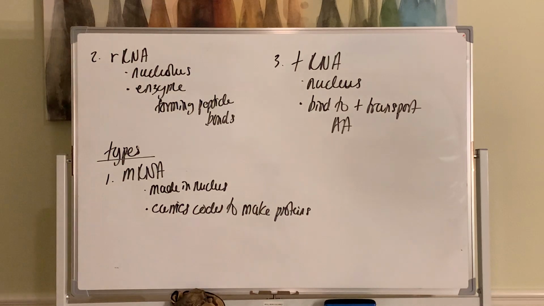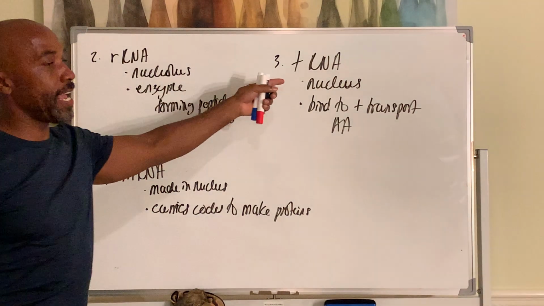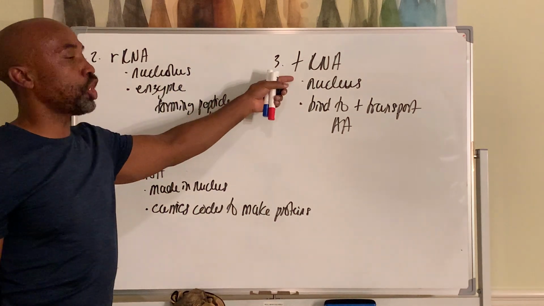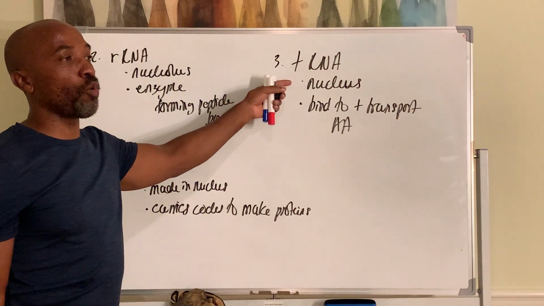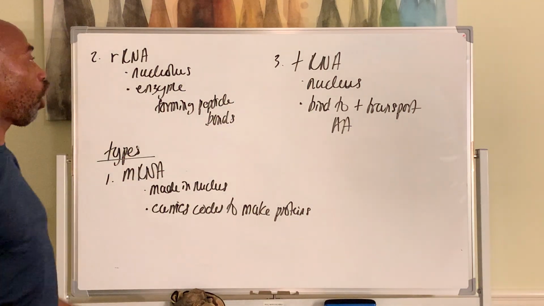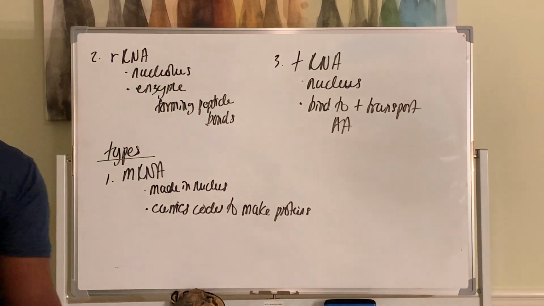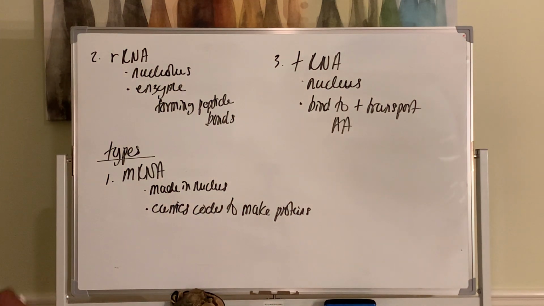So you have three types of RNA. mRNA carries the codes to make proteins. rRNA helps to form the bonds between amino acids. And tRNA transports the amino acids into the ribosome to be assembled into proteins. All three of them are involved in protein assembly, protein synthesis, at some point. That's a big word for me there.